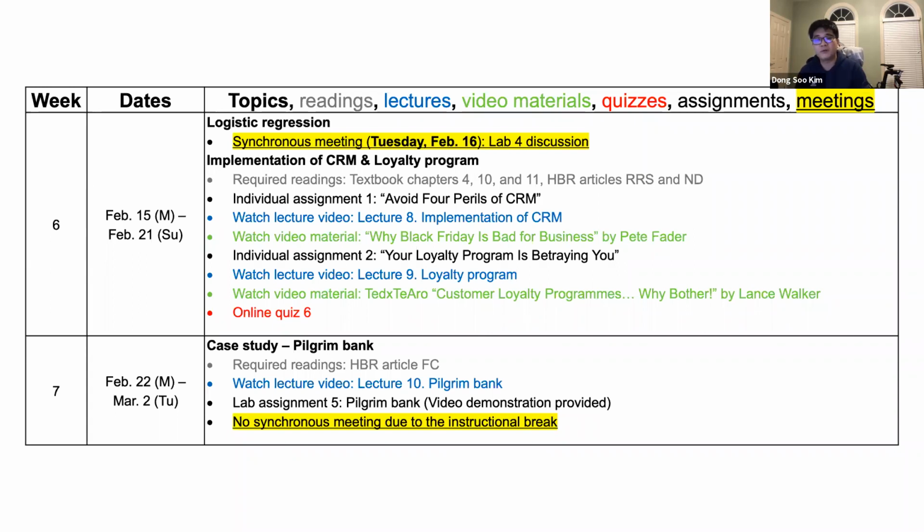So instead of having a lab session, there will be 2 individual assignments with HBR articles. You will read those articles and be asked to summarize them. And we will meet online for the group discussion for the case in the week 5 lab assignment.